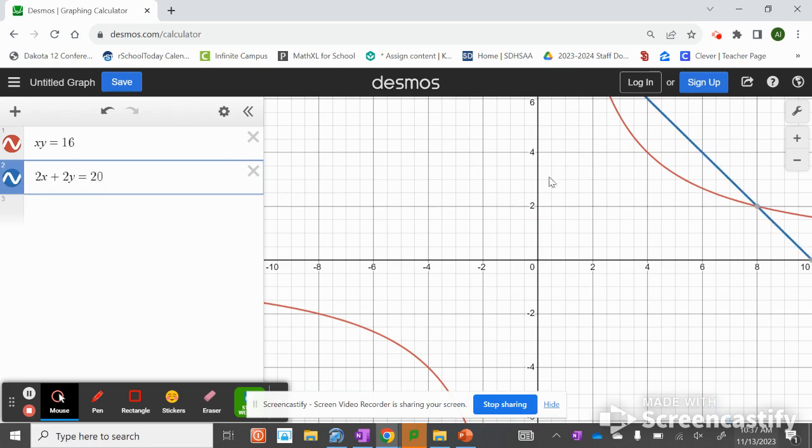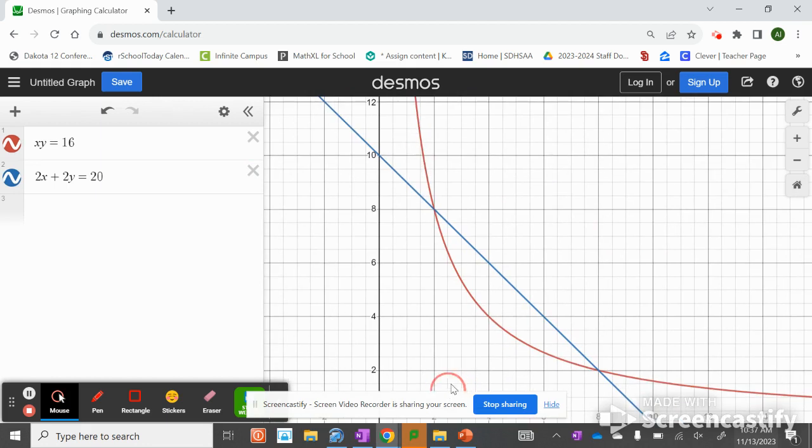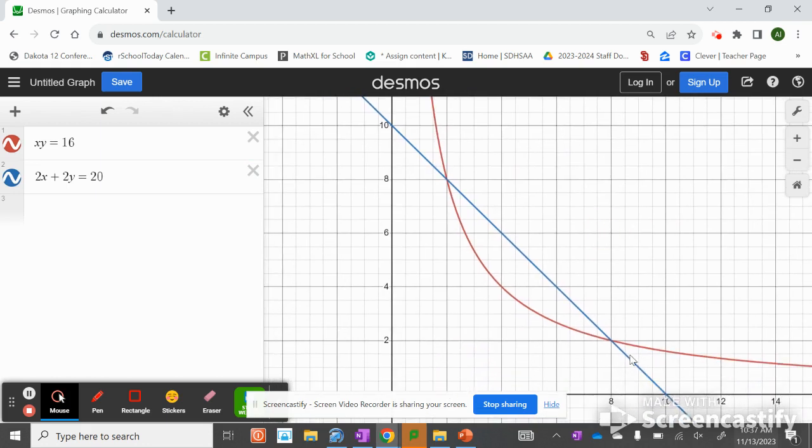Now, you have a line here that crosses this twice. Right here, it'll be at 8, 2, and right here, it'll be at 2, 8. Does it make a difference, 8, 2, 2, 8? One length is 8, the other one's 2.